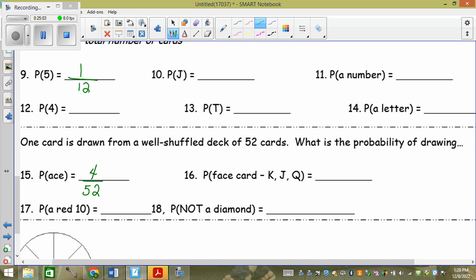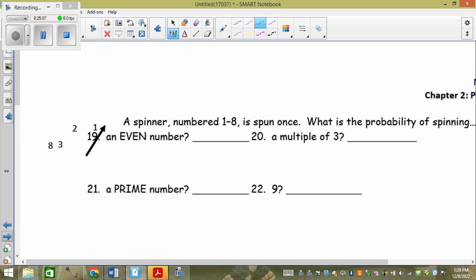Really drilled that spinner. If you're missing out on the spinners, here they are. Now, this printed all wonky. Ignore that. This is just a spinner numbered 1 to 8, and it's spun once. It's an 8-sided spinner, like 1, 2, 3, 4, 5, 6, 7, 8.